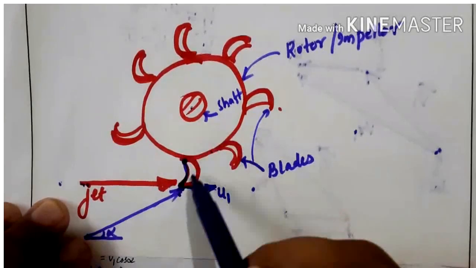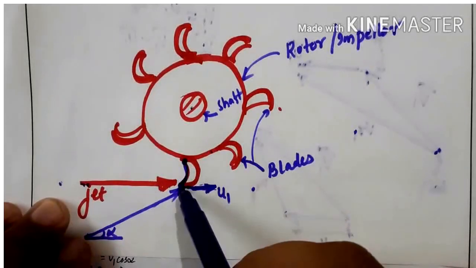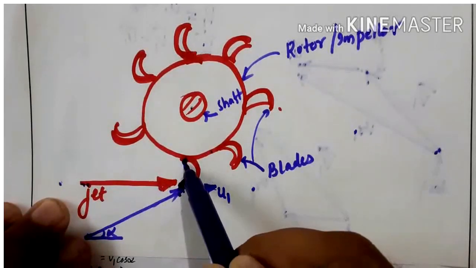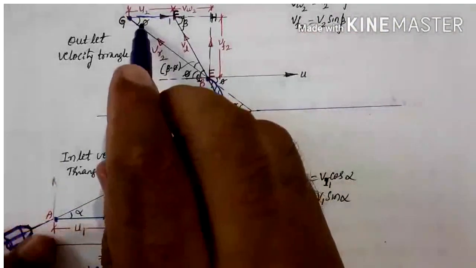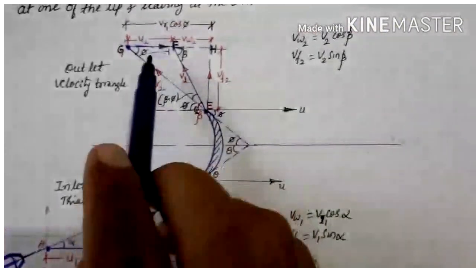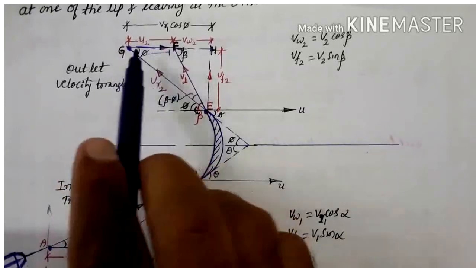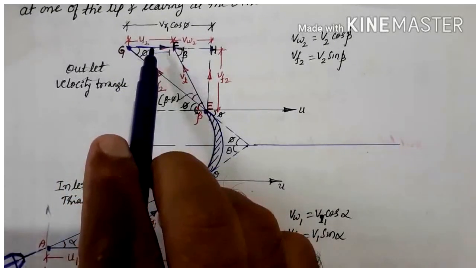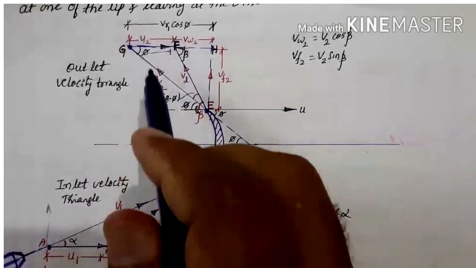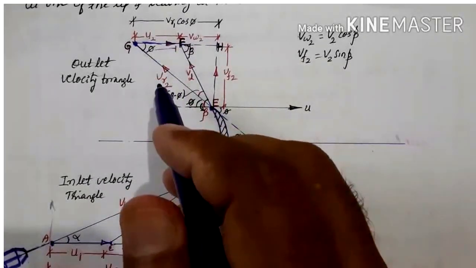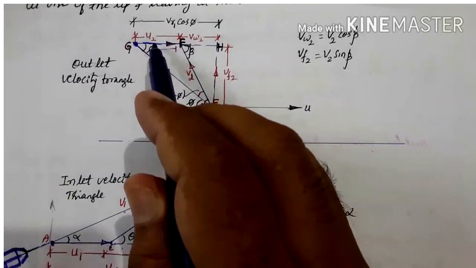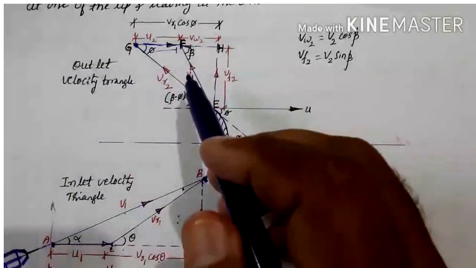When it rotates, both tips, inlet tip as well as outlet tip, start rotating. So this is the direction of vane, and draw GF of magnitude U2, which represents the velocity of the vane at outlet.